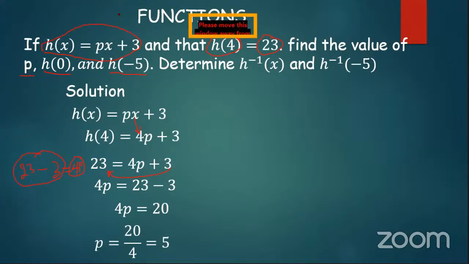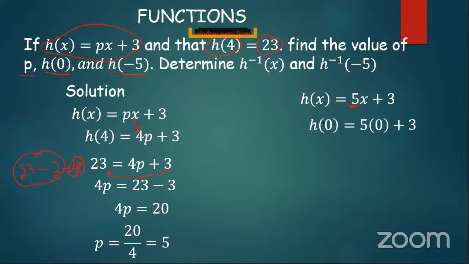After finding the value of p, we are supposed to substitute it back, and we get h of x without a p. So h of x is equal to 5x plus 3, where there was p here, we have substituted the 5. So we are now told to find h of 0.